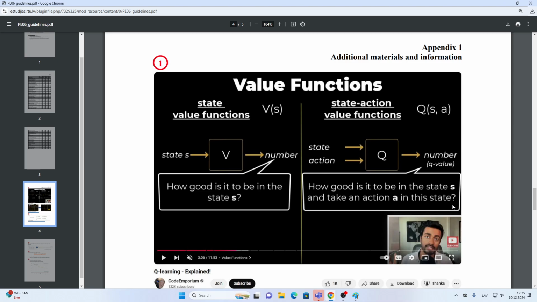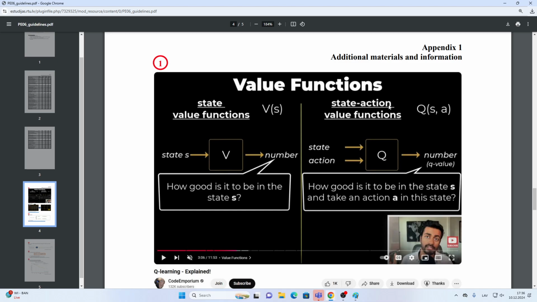Either you can use the state value function V, when you go from a state to a certain other state and calculate this value. It doesn't matter what action you take. All that matters is what the new state is and what your reward is for getting to that state. We call this the V function.